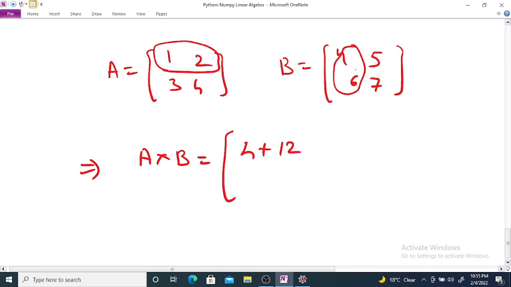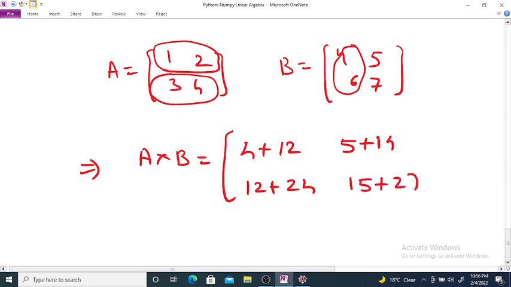Then first row into second column, so it is 5 plus 14. Then second row first column, so 12 plus 24, and second row second column, so this is 15 plus 28.